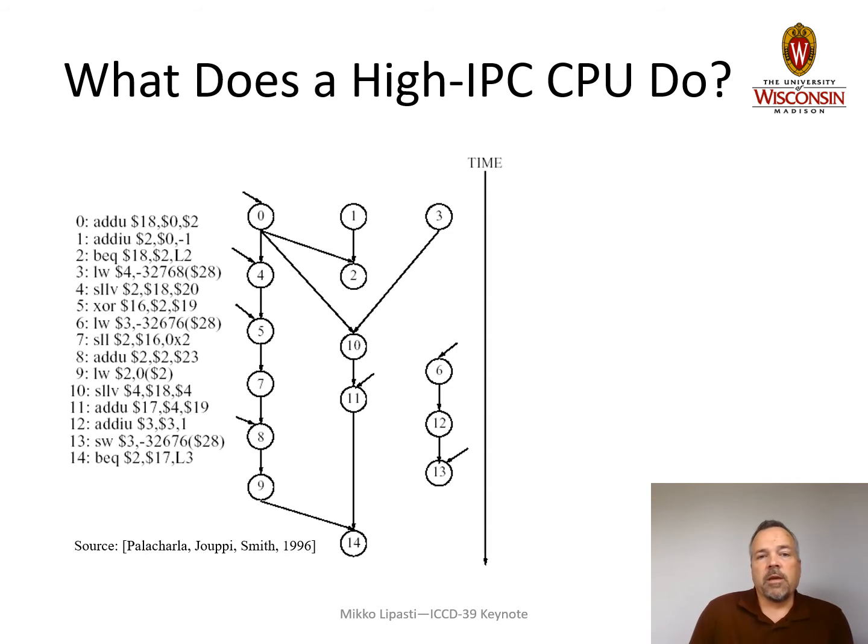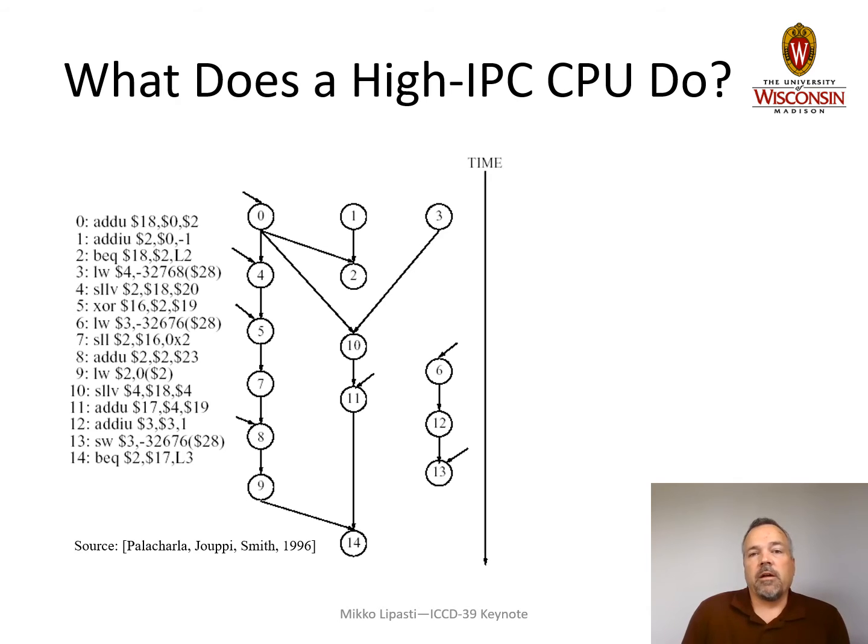We can see, for example, that instruction 2, which is this branch instruction here, reads both register 18 and register 2, which are written by instructions 0 and 1 respectively, which places these ordering dependencies between instruction 0 and 2 and instruction 1 and 2. And the implication of that is that we can't execute instruction 2 until both 0 and 1 have executed.